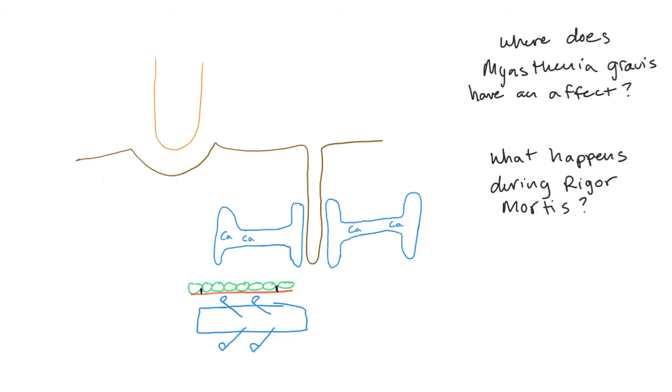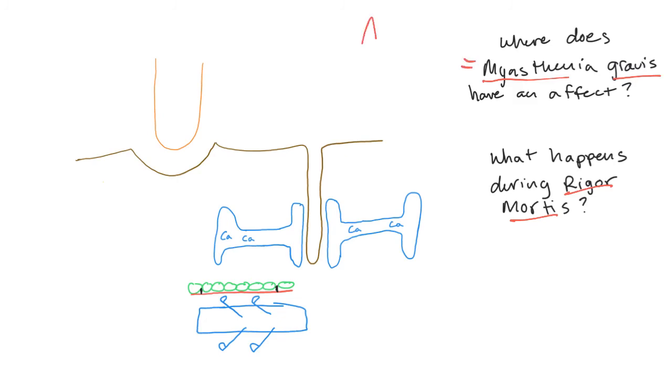We have 2 conditions, which we talked about in the video lecture: myasthenia gravis and rigor mortis. We don't have all the details on this, but where in these steps of excitation would myasthenia gravis have an effect? Do you remember what myasthenia gravis is?